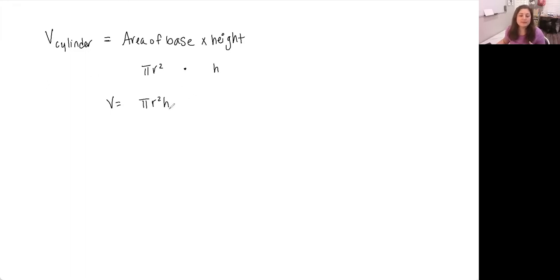In order to find one of these three terms, you would plug in all the information that you have and then solve for the missing variable. So let's say I was missing the height. We could say that the volume we have is 7.36, or 7.4 is what we said for the quarters, right? And then pi is just pi, and my radius I knew to be 1.25 squared. Let's say I didn't know the height.